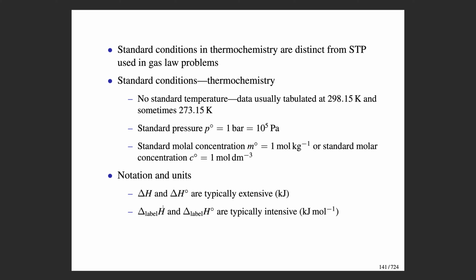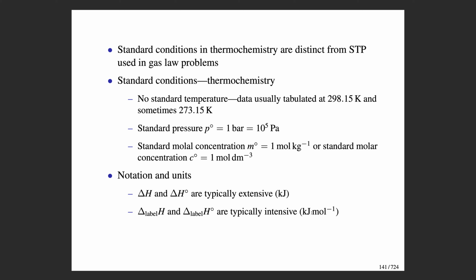Just a word on the notation that's used, and then on the next slide I show a table. When you see delta H with no circle and no label, and even when you see delta H with the circle, these typically refer to extensive versions of the enthalpy change that would be measured in joules or kilojoules. However, when you see delta H paired up with a label, or with the circle and a label, these are typically going to be intensive quantities.